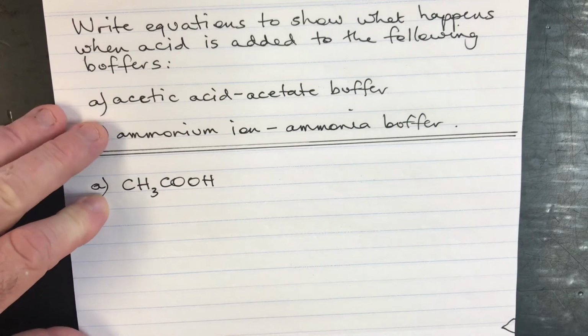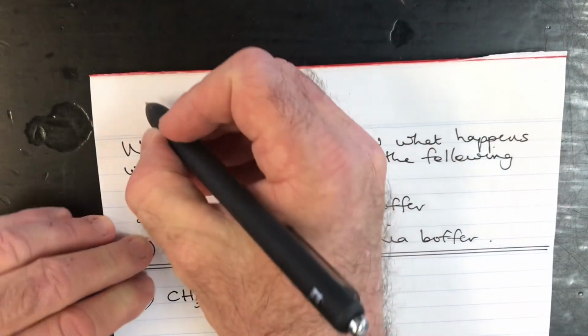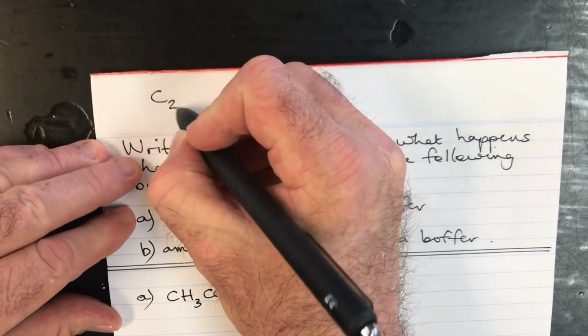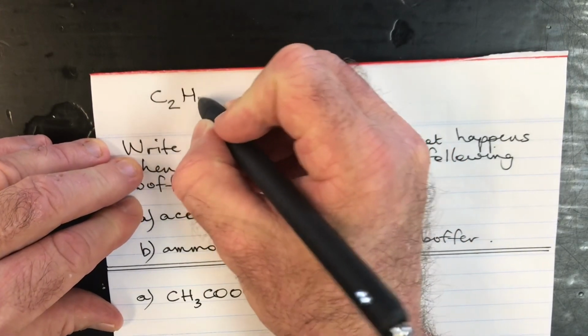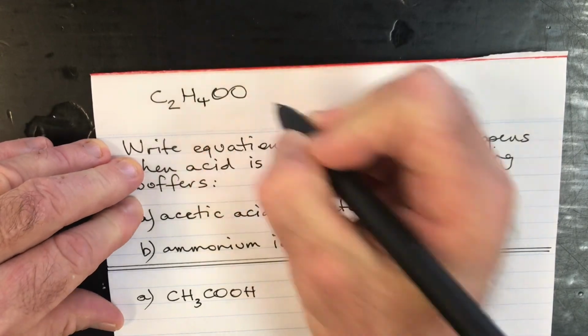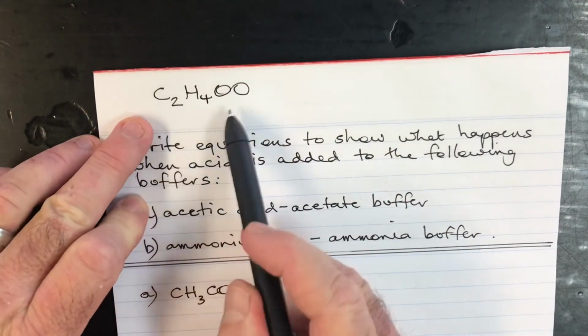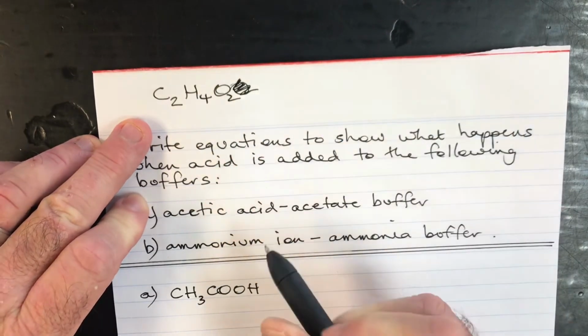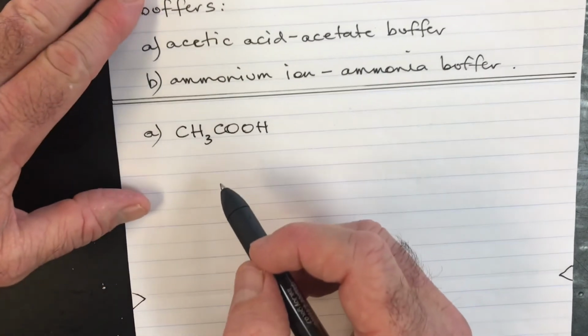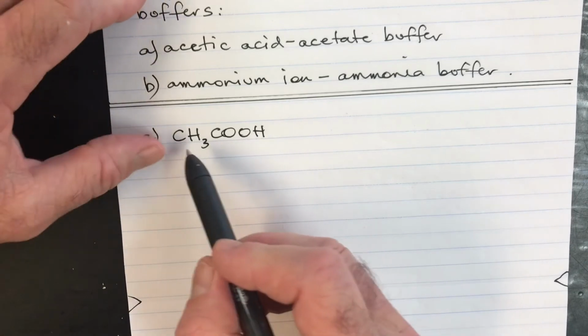We could write it down as C2H4O2, of course. That's its empirical formula. But I'd like you to get in the habit of writing acetic acid down like this.